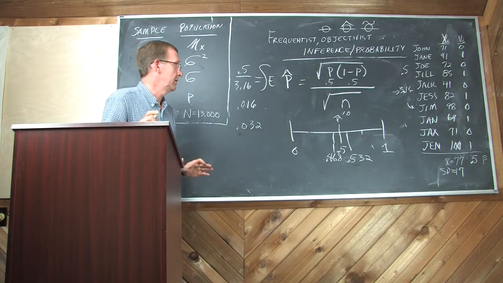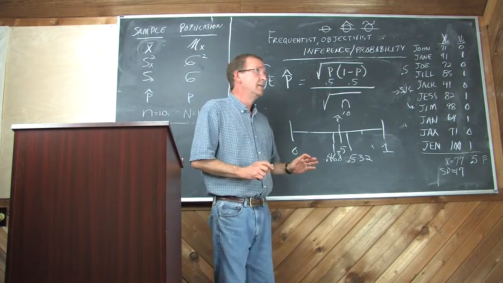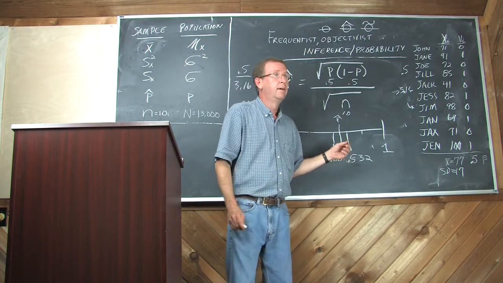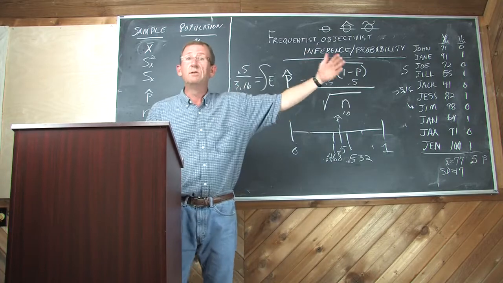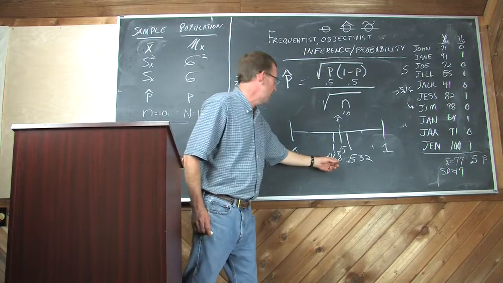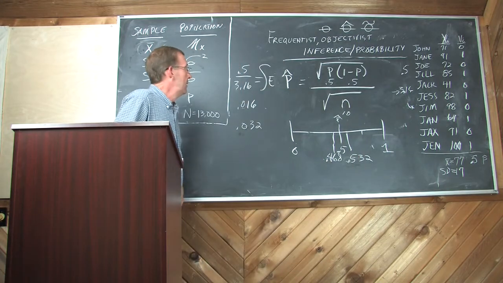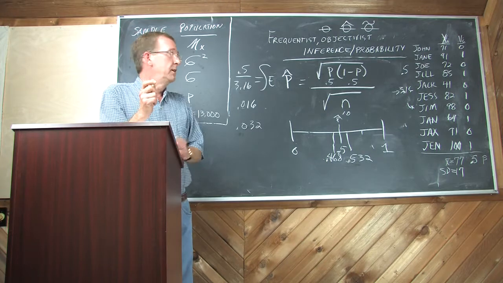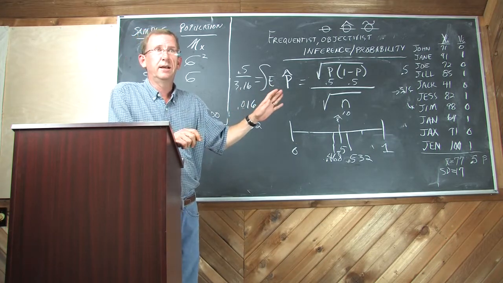So we can't then say we're 95% confident that p falls in here. We're just 95% confident that we will continue to get p hat estimates that fall in here going forward.